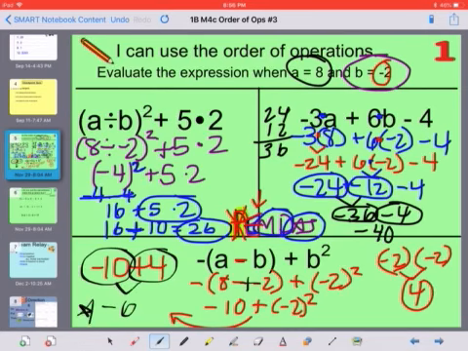What about here? 8 minus 6 is only 2. Order of operations would tell me to multiply first. 5 times 2 is 10. 13 minus 10 is 3. So that is where we would put the parentheses on that top one.